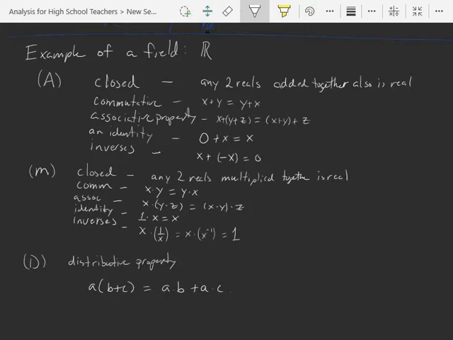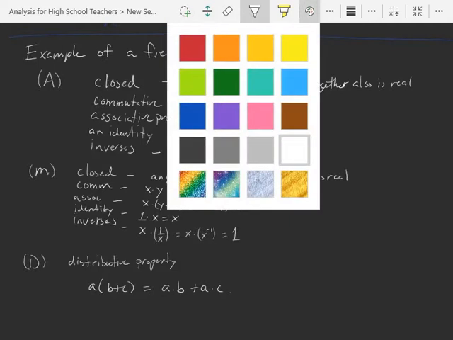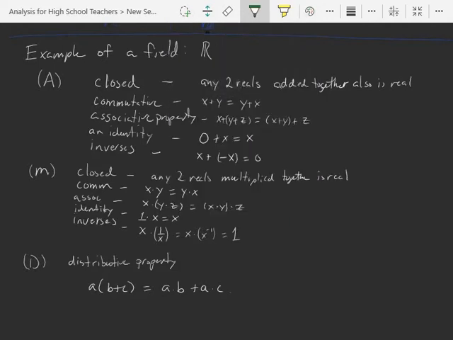So let's see where things go wrong if I change to, for example, the integers. Okay, so let's look at Z. If I take any two integers added together, I still get an integer, so that's good.